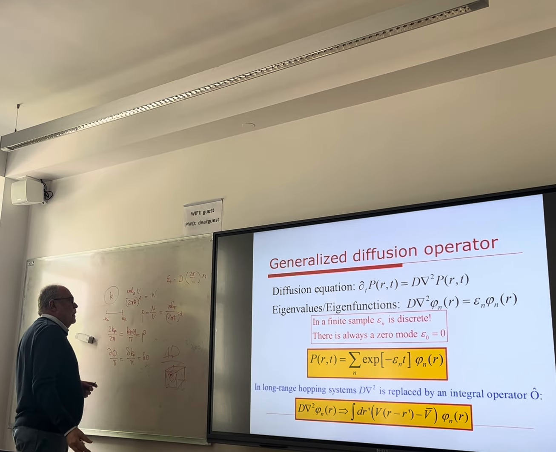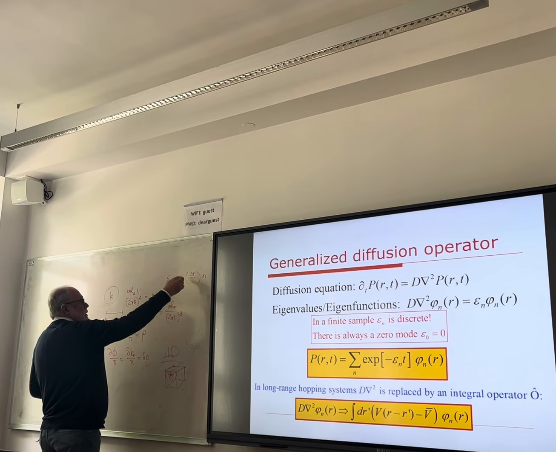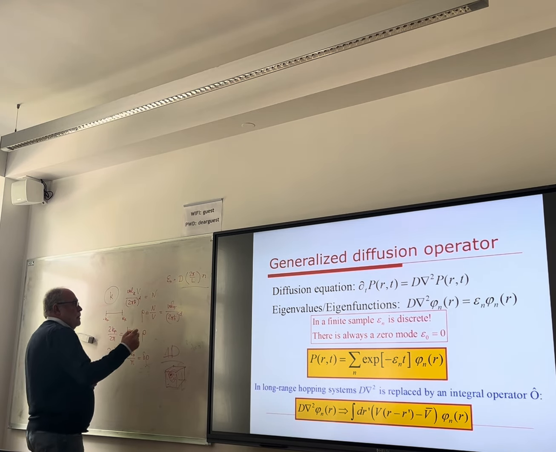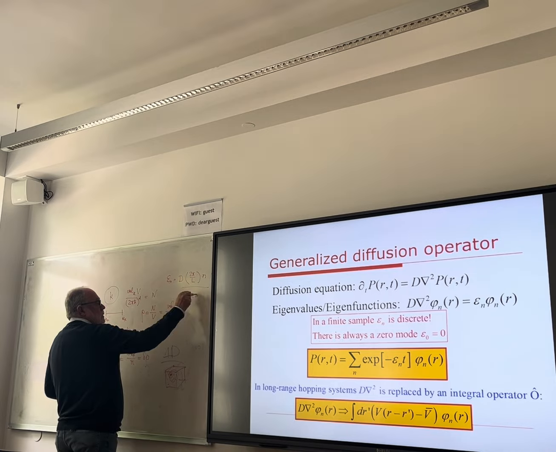If it is more than 1D, then you have a quantization of kx, ky, kz in this way. But what is important, there is always n equal to 0.